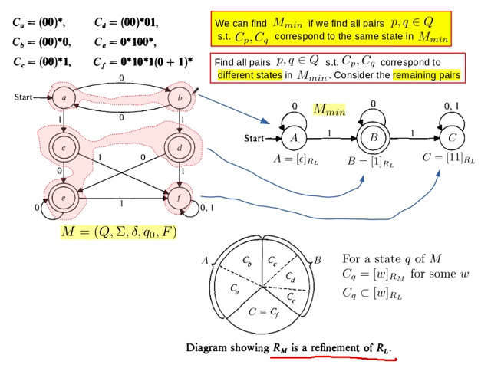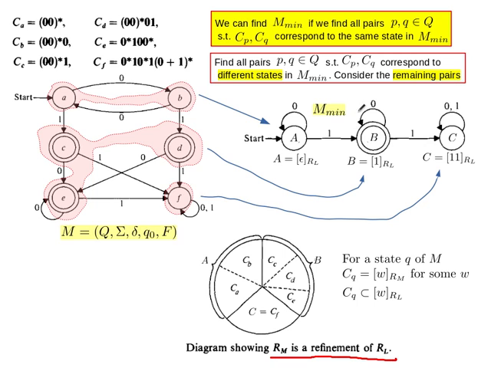Okay. So if I can find this for each pair of states in this given automata, because Q is here, if I can find which pair of states correspond to the same state here, then I can find this minimal automata. Now we will do this by finding all the pairs which do not correspond to the same state.